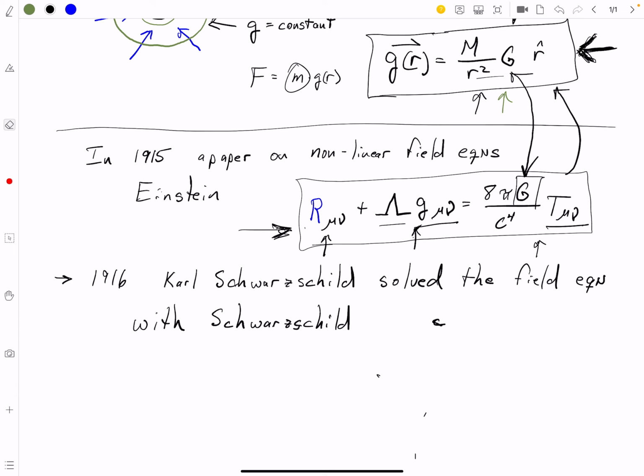Okay, that's better. In 1914, Mr. Schwarzschild, KS we'll call him, joins the German army. We could call it Germany or Deutschland, whatever.